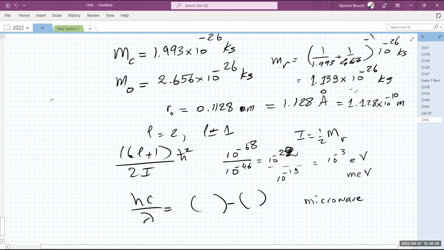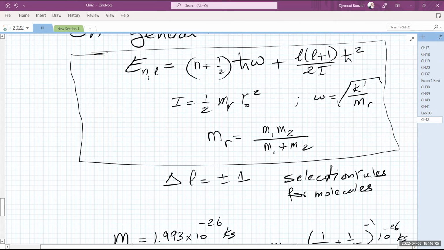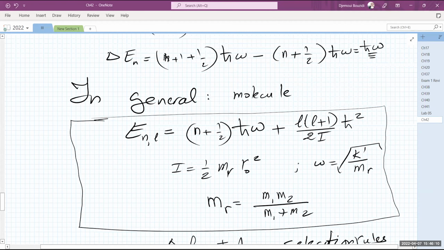So here is the deal. When L is equal to 0 initially, the only place we can go is L equals 1. So initially 0, that means when I'm calculating this energy, the initial value is 0, the final value is 1.